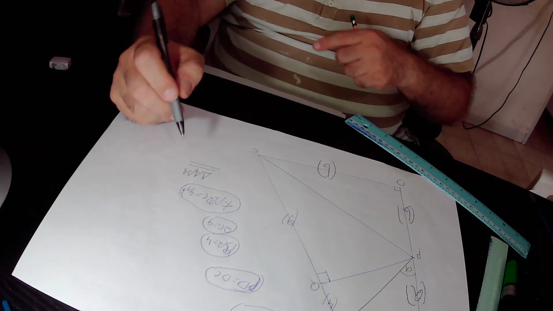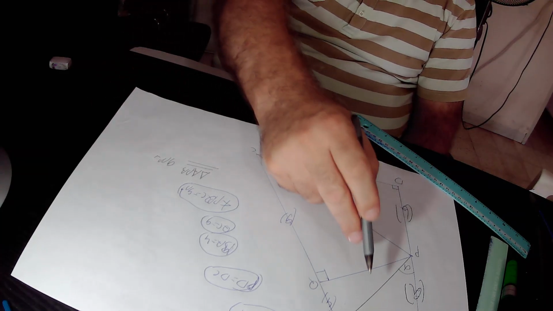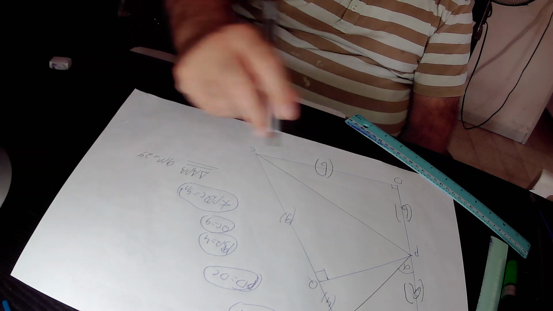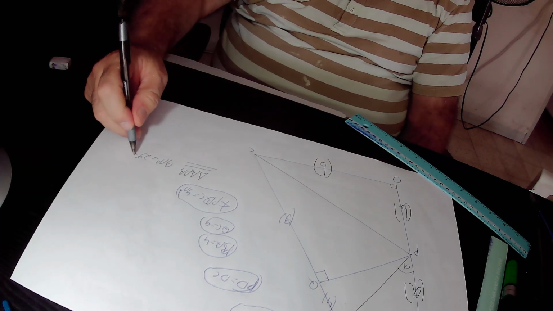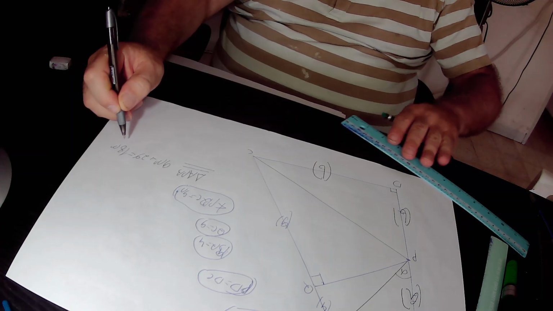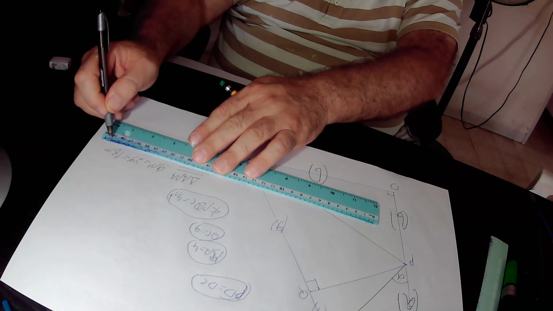We have this angle that is the right angle, plus alpha plus alpha, that is plus 2 alpha. In total, the sum of those angles must be equal to 180 degrees according to the rule that I mentioned. So 90 degrees plus 2 alpha equals 180 degrees.